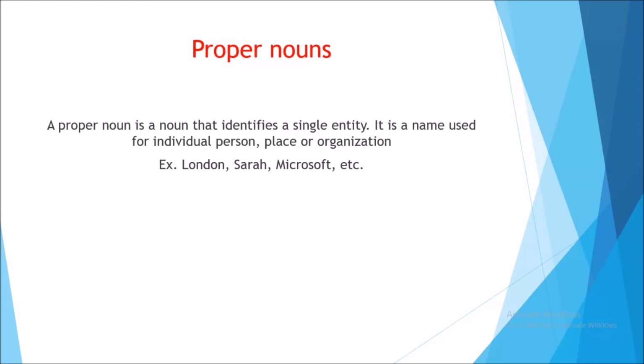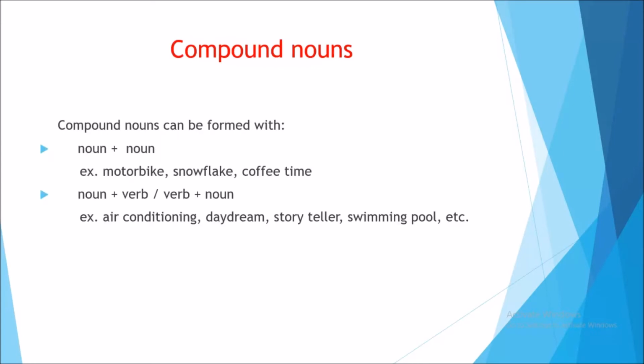A proper noun is a noun that identifies a single entity. It is a name used for an individual person, place, or organization. Example: London, Sarah, Microsoft, and other words.